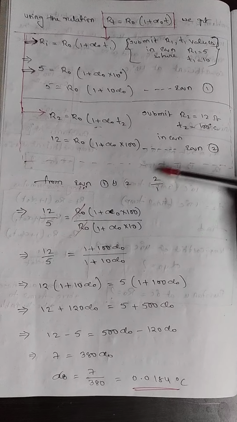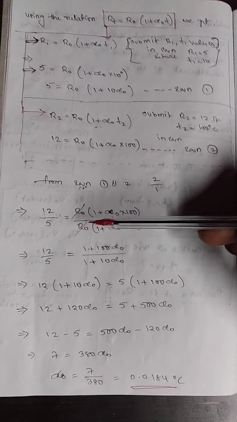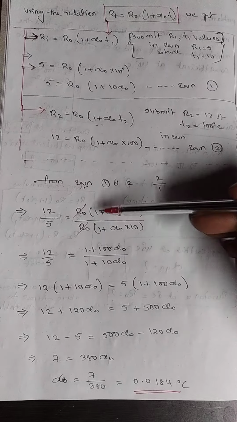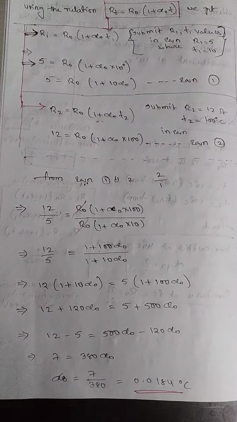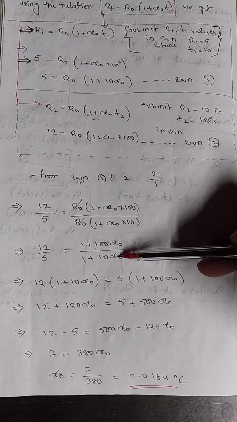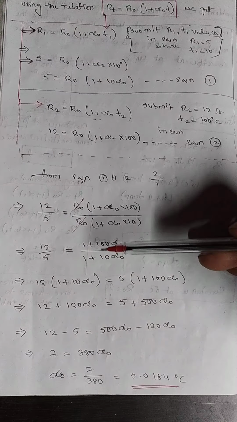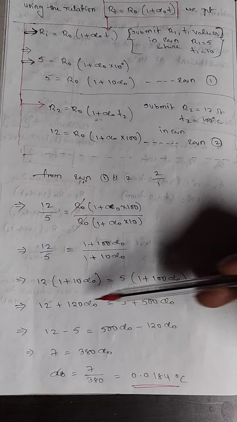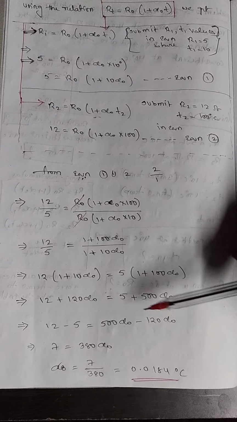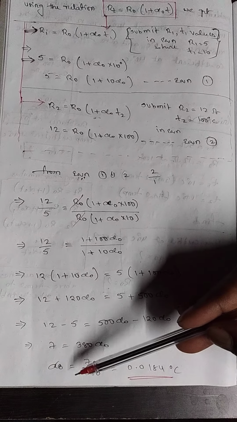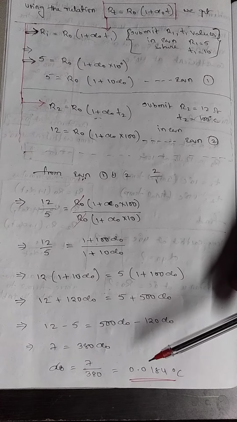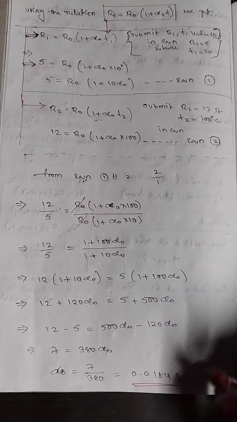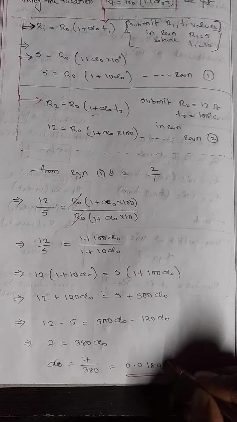From equations 1 and 2, dividing 2 by 1, we get 12 by 5 equal to R naught into 1 plus alpha naught into 100, divided by R naught into 1 plus alpha naught into 10. By cross multiplication and solving this equation, we get alpha naught equal to 1 by 380, that is 0.0184 per degree centigrade.